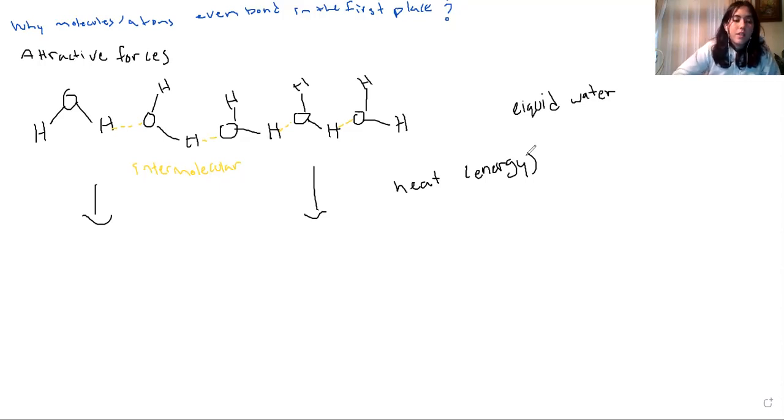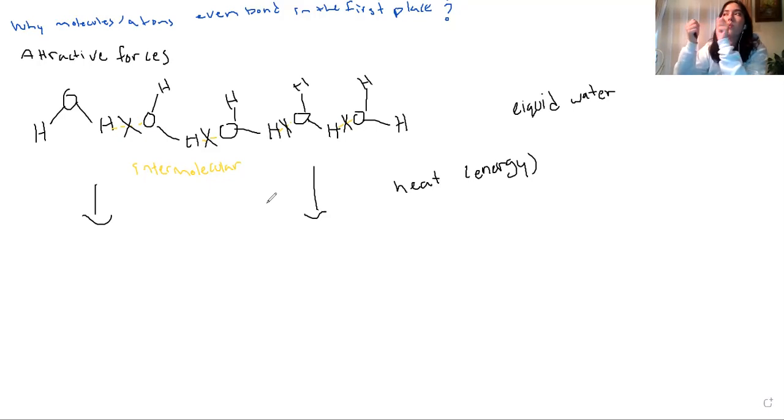So here, if we add heat, we can actually break all of these bonds. So these are attractive forces, right? So you think it's easy to break them? It's not. Sometimes it can be if they're not strong bonds, but hydrogen bonds are actually pretty strong. So we have to put a good amount of energy in order to pull them apart.